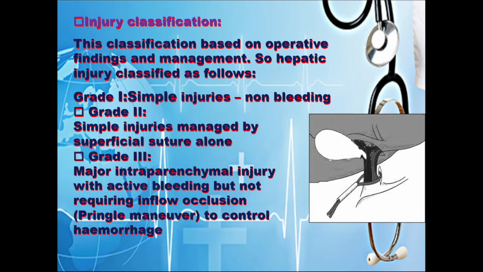Grade 3, major intraparenchymal injury with active bleeding but not requiring inflow occlusion by the Pringle maneuver to control the hemorrhage. Here you can see the Pringle maneuver, when we put, not a ligature, but some kind of tourniquet on the liver pedicle, on the artery, vein, and ductus choledochus.